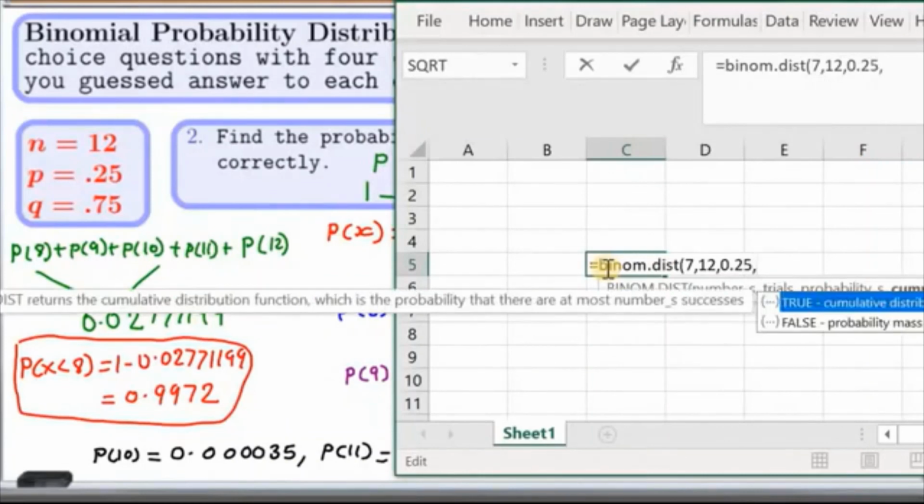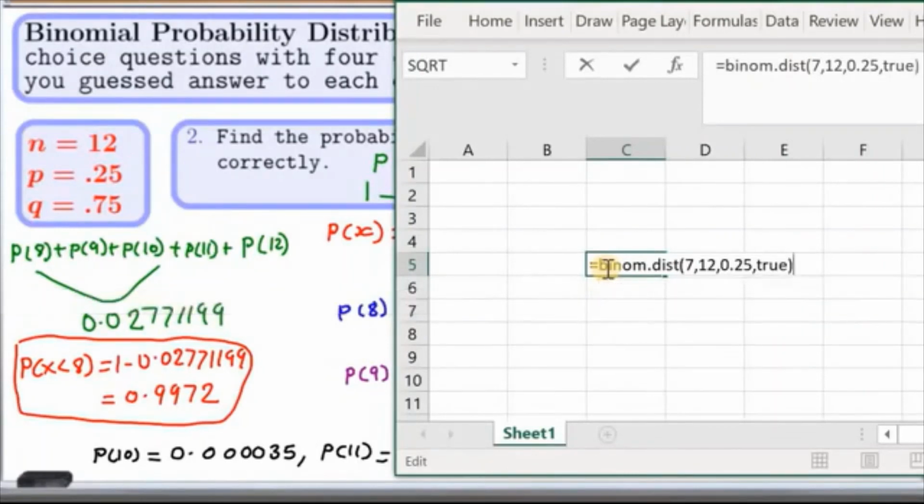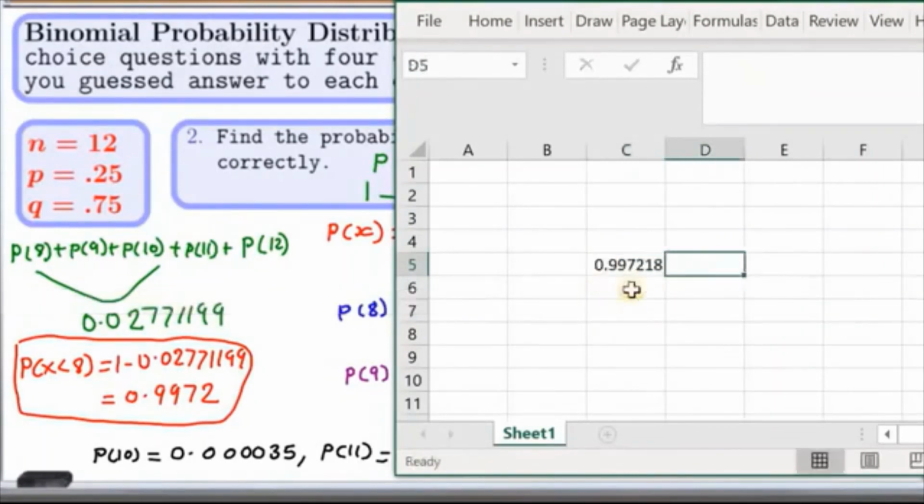So here we'll be typing true or 1. Since we are looking at the cumulative probability up to 7, we will use true. Then close your parentheses, then hit tab or enter. So this is exactly the same as what we got using calculator and also using formula.